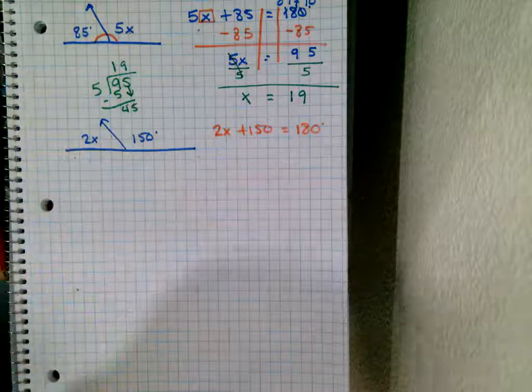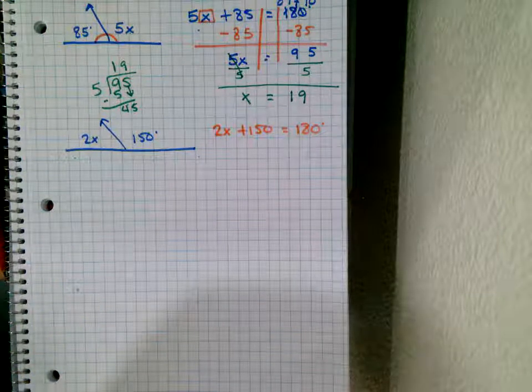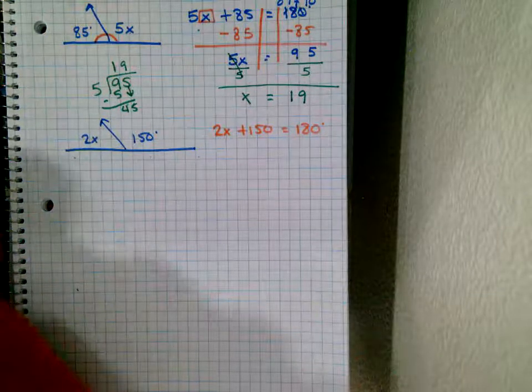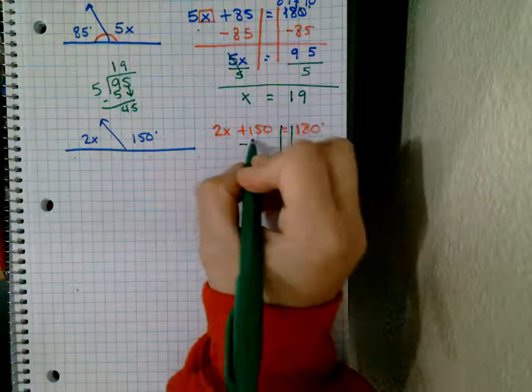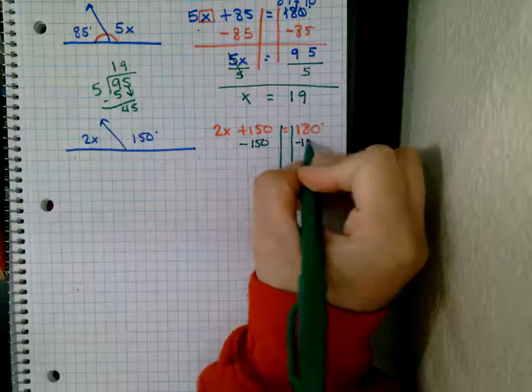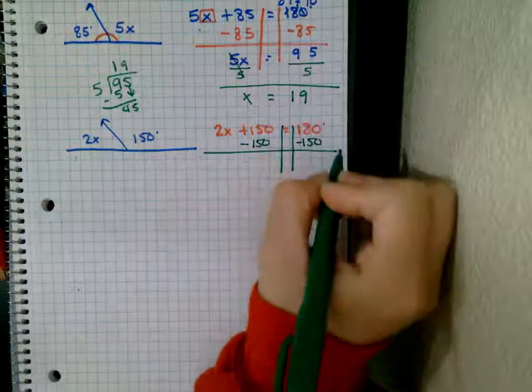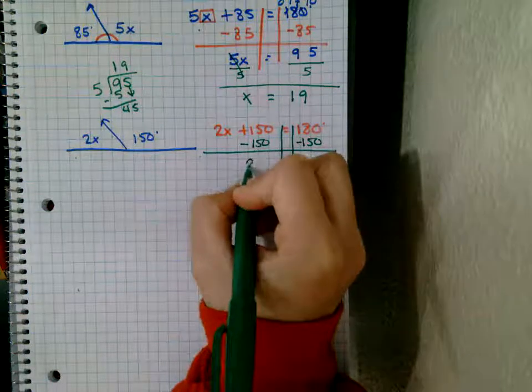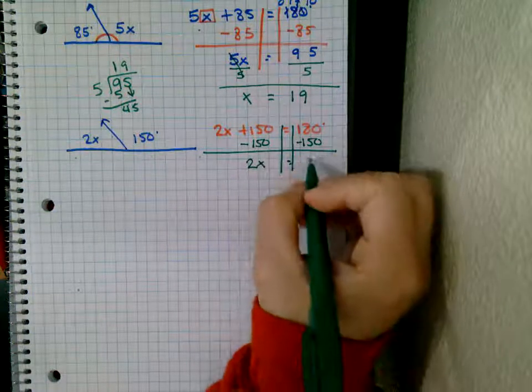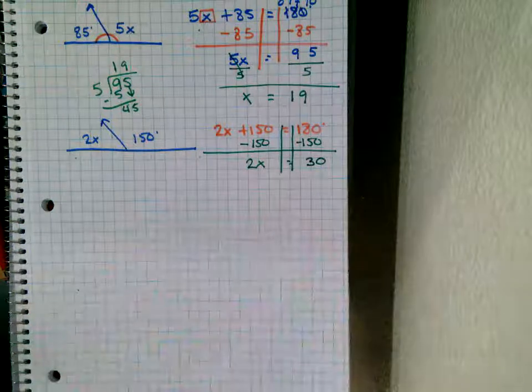Ask yourself, which number do I move first? Okay, move the 150 first. Minus 150 minus 150 to both sides. So we have, on this side left is 2x, and on this side it's 30.